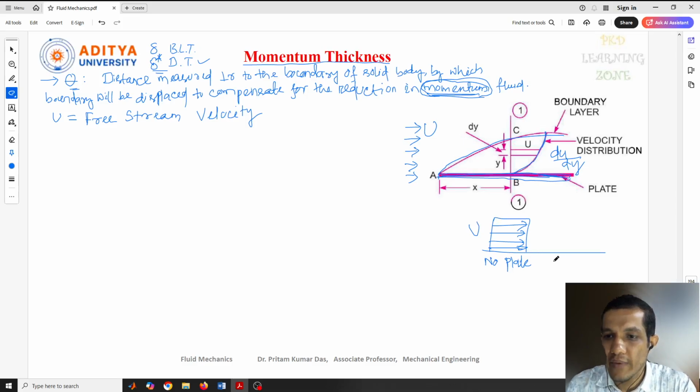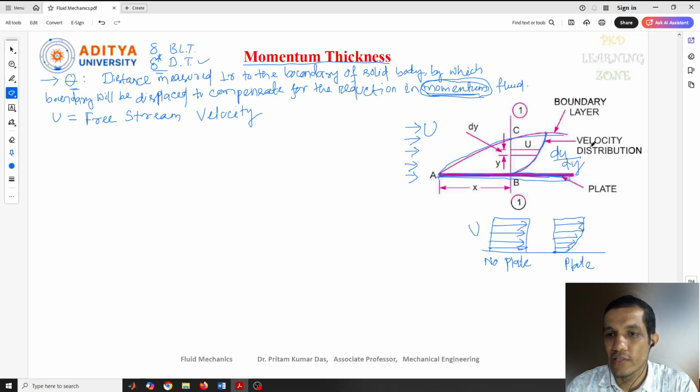Now when the plate is present in the flow direction, we see that here the velocity is 0 because of the no slip condition, and we are getting some flow velocity vertically. If you see, the flow velocity will be like this. We are getting the velocity distribution. Okay, now if I join all these, we'll get a parabolic structure.